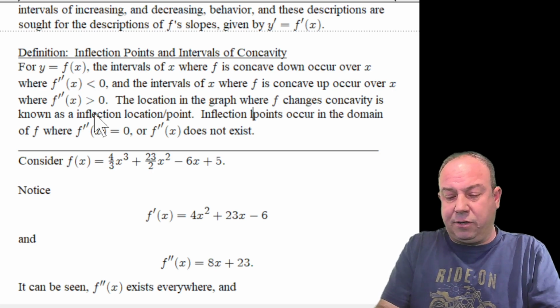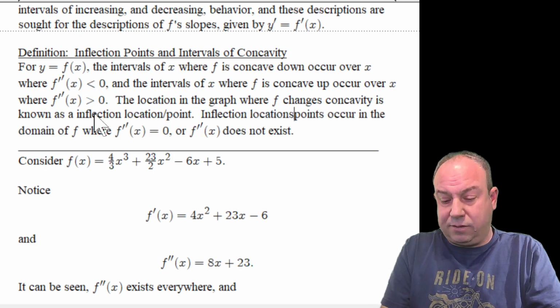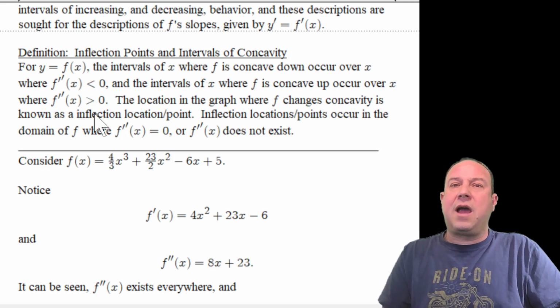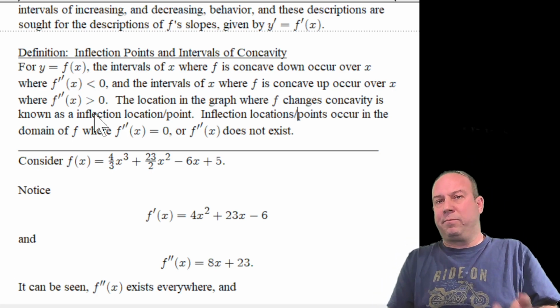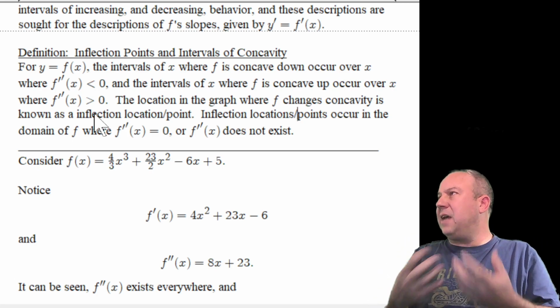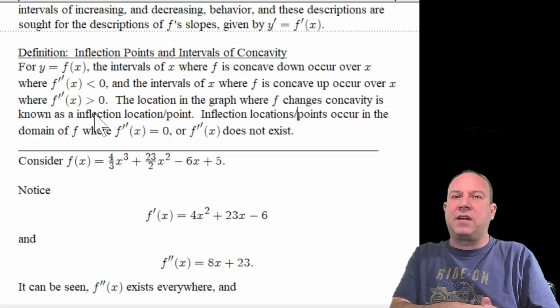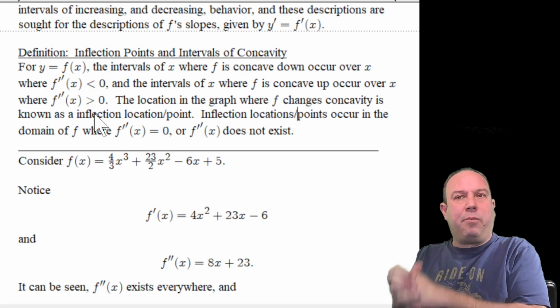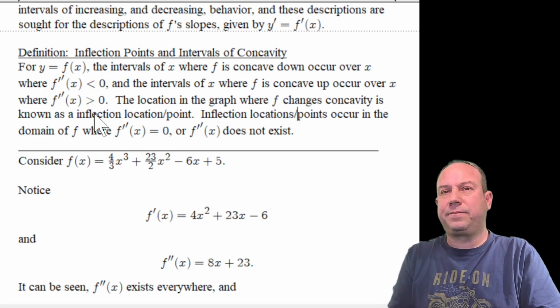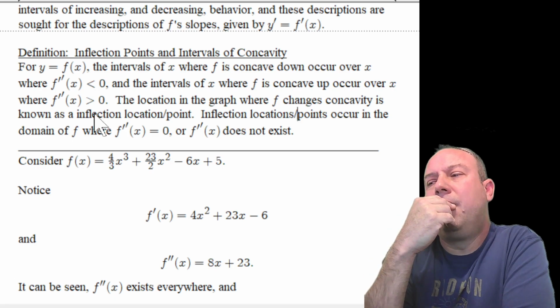And inflection locations / points occur in the domain of f where f double prime of x equals 0 or f double prime of x does not exist. Let's say it that way. And let's bring the idea that what we're looking at here is an inflection location or an inflection point in our graph. And I think that will work for us.